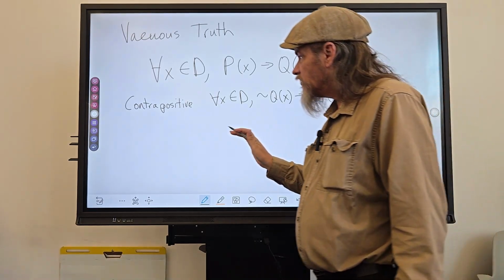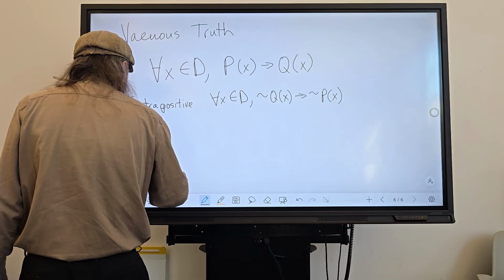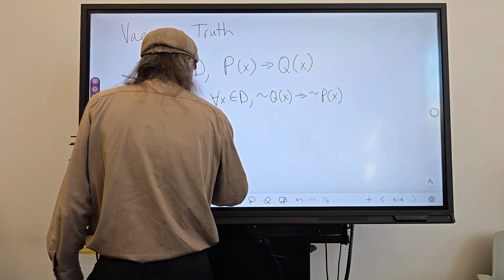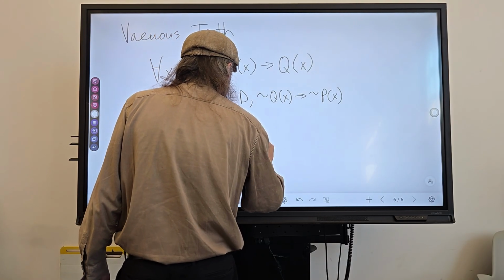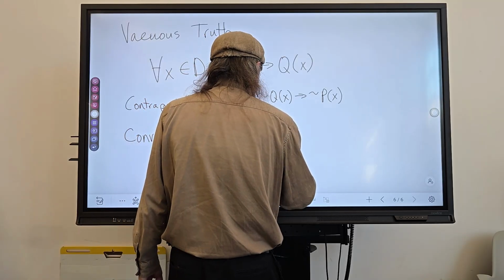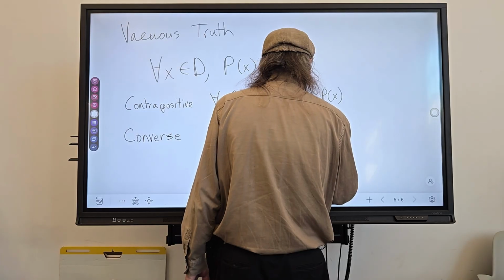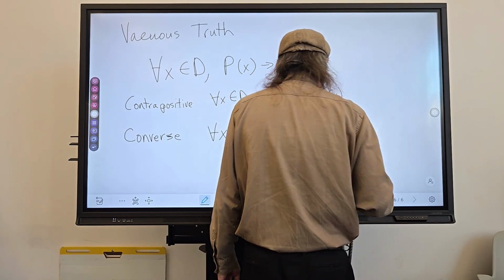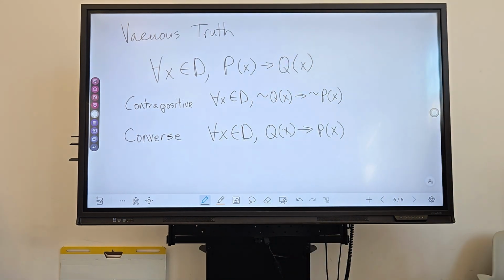What is not equivalent is the converse. For all x in D, Q of x implies P of x. That is not equivalent. Same with the inverse.